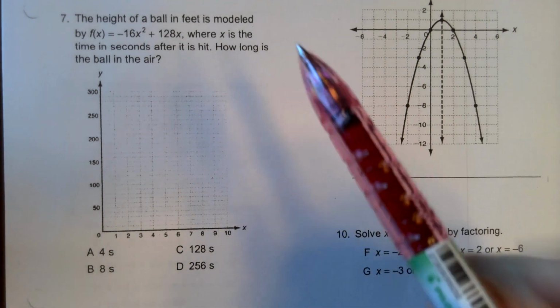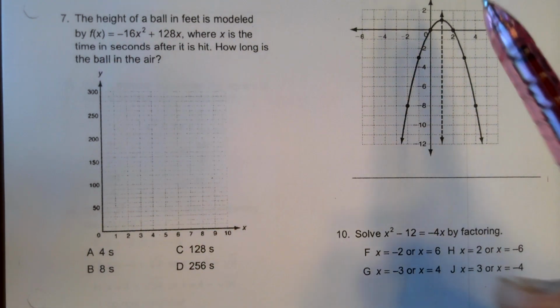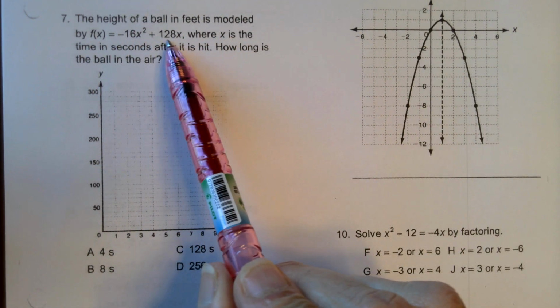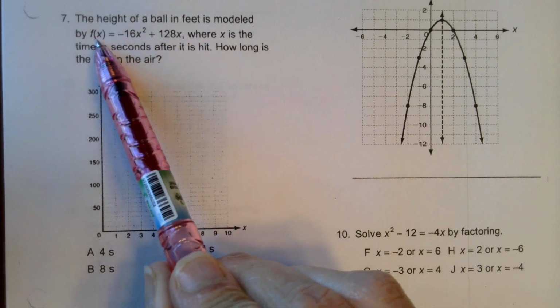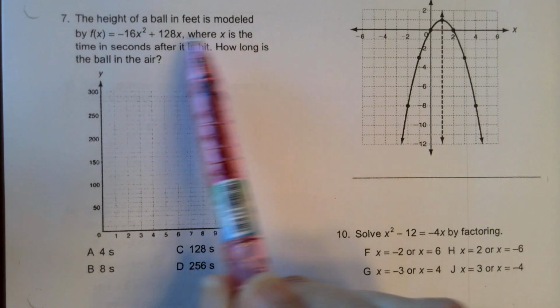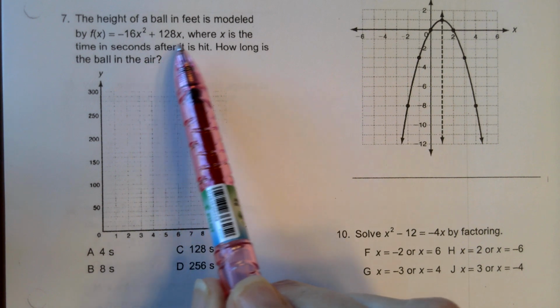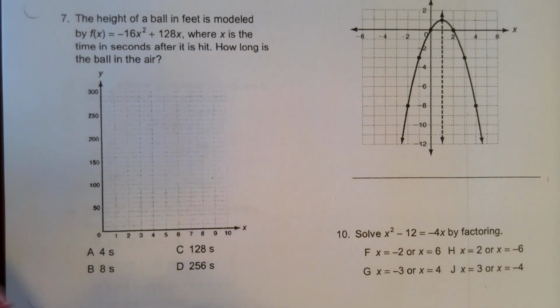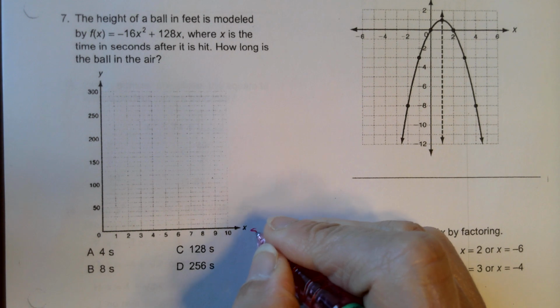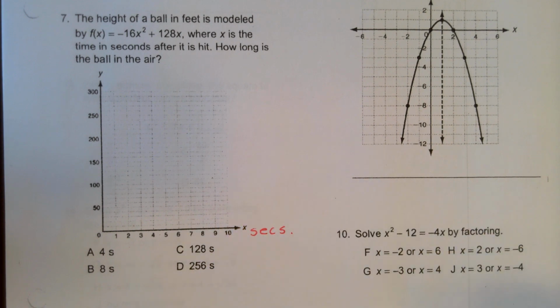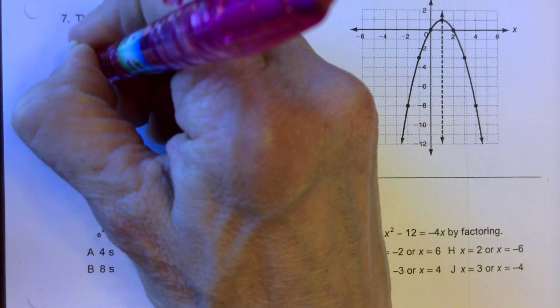All right. The height of a ball in feet is modeled right here. So they give that to you where x, whatever value you substitute in, is the time in seconds after it's hit. How long will the ball be in the air? So basically, the bottom here is going to be the seconds. And this is the height of the ball.